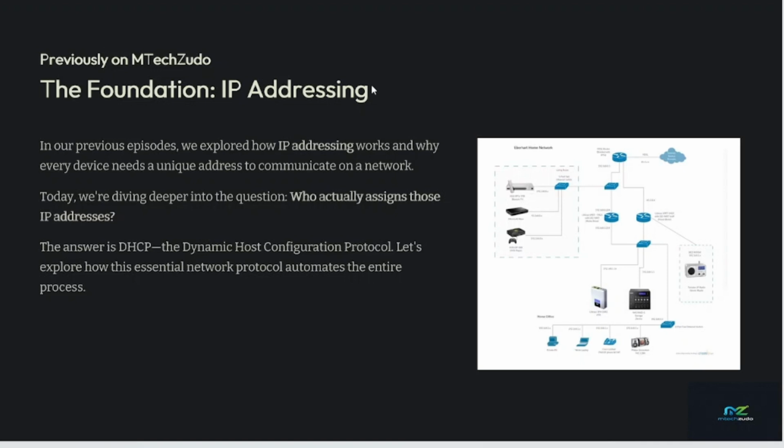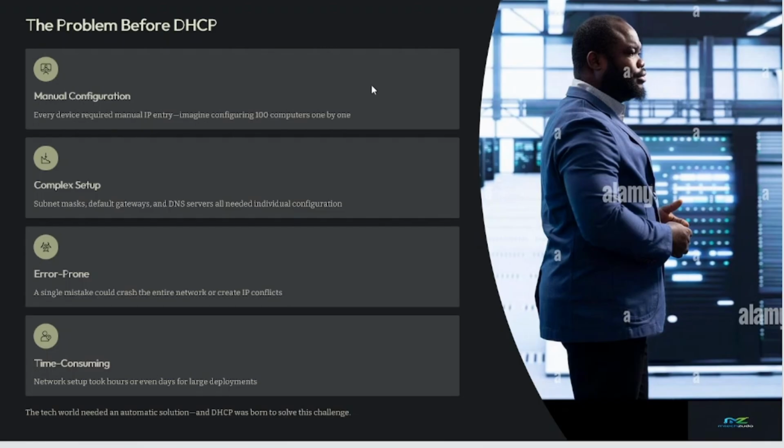Now, the problem before DHCP. Imagine this: you are setting up a new office network with 100 computers. Without DHCP, you would have to manually enter a unique address for every single computer one by one.